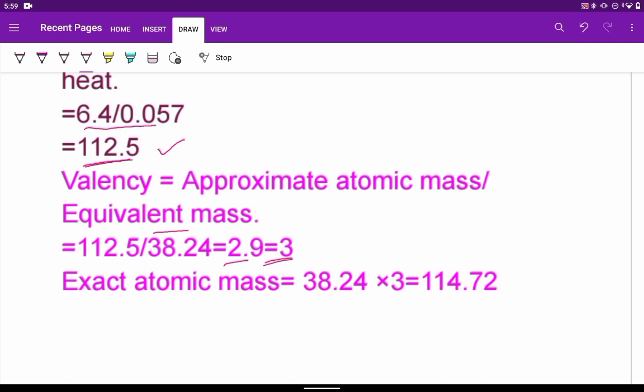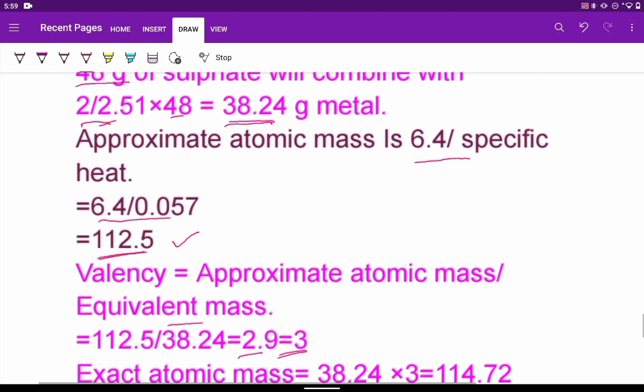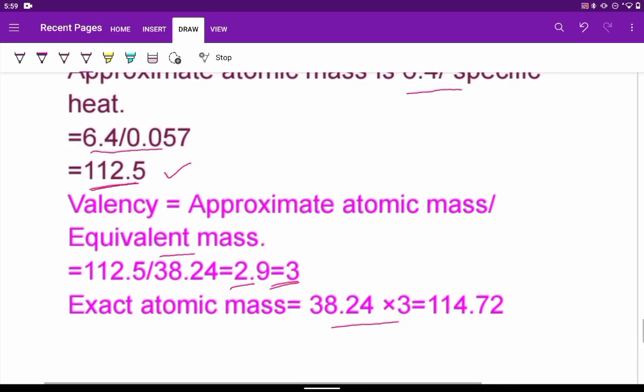Now the exact atomic mass can be calculated as the equivalent mass into the valency.